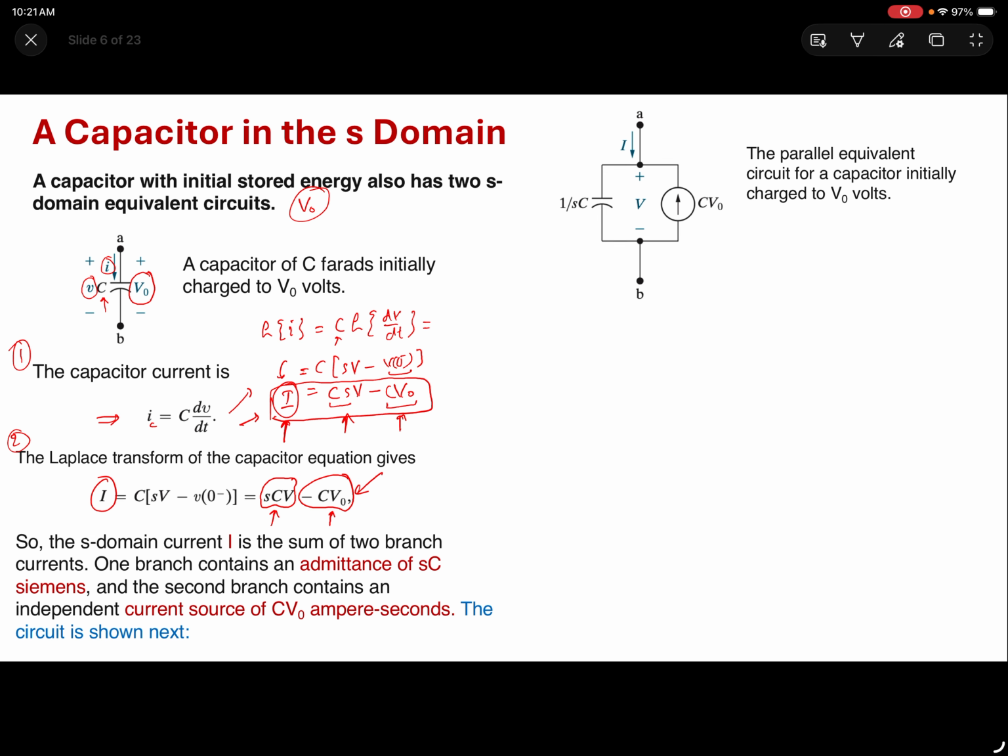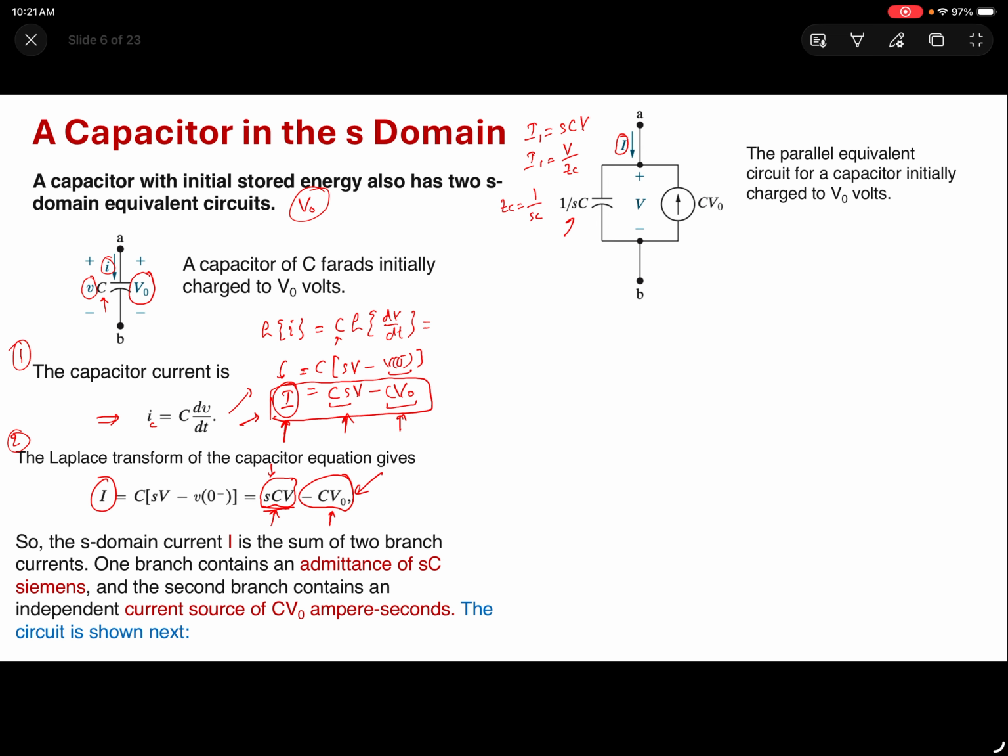So I can model it again as two separate branches, right? Your current I gets divided into two parts. The first part is SCV, let's call it I1. And I know that it should be equal to V over ZC. So ZC is 1 over SC.